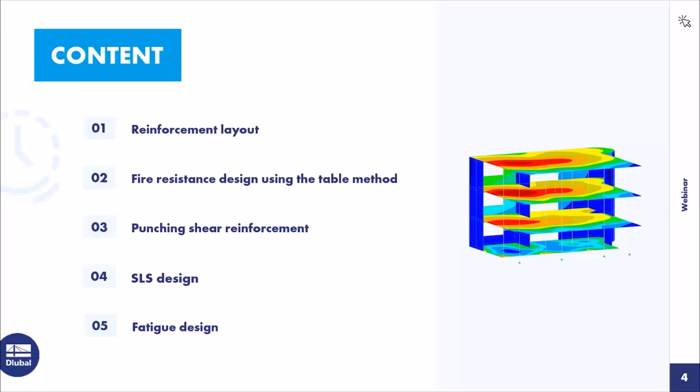After this, I will tell you something about the SLS design, deflection and steel stress, and also come to the effects of creep, shrinkage, and tension stiffening. But to that, I will tell you later.